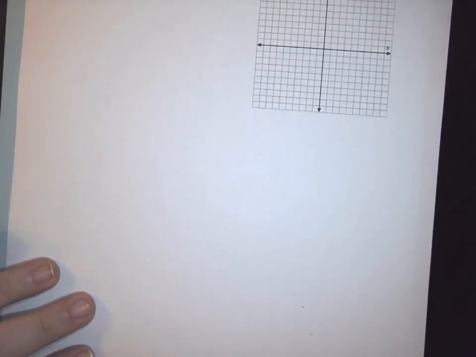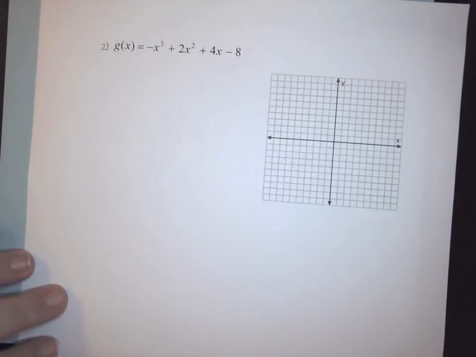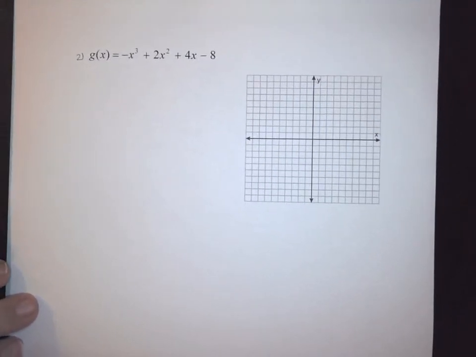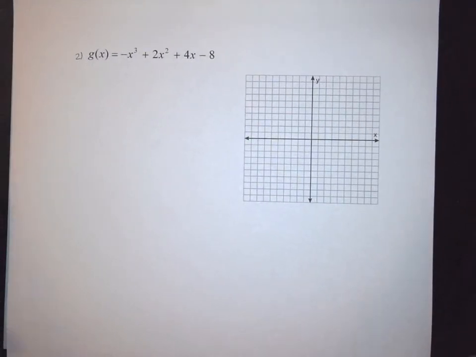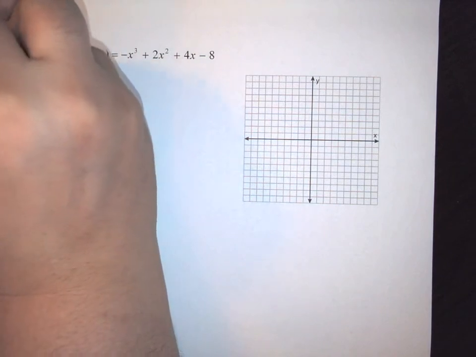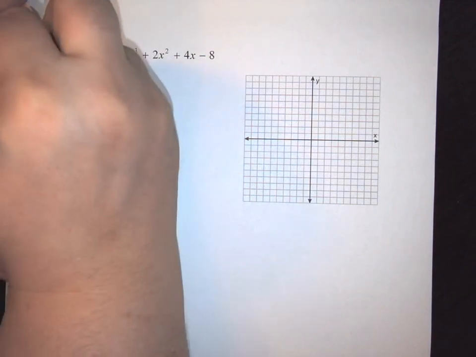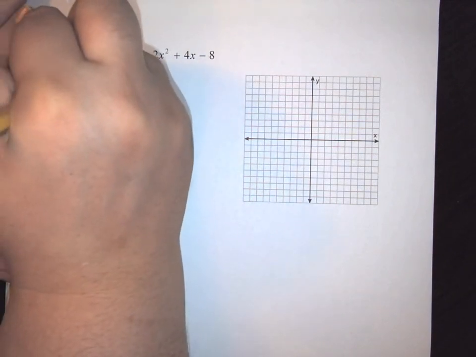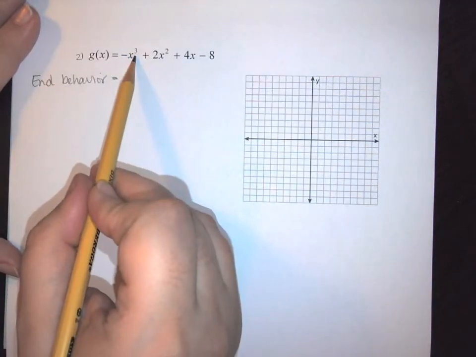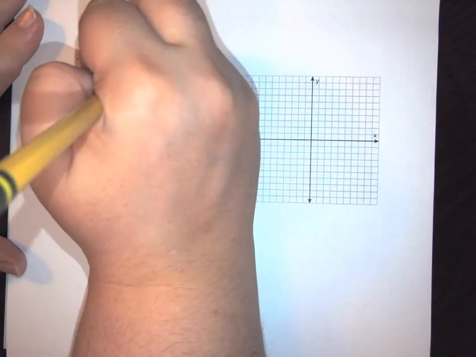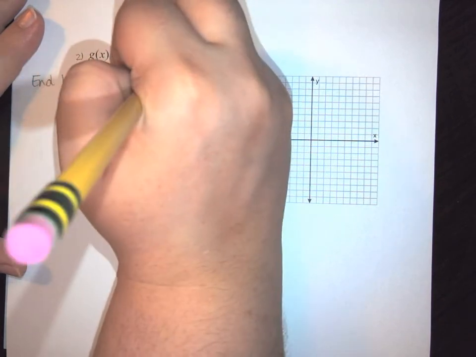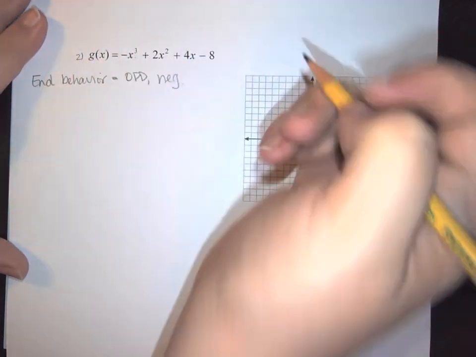Alright, let's take a look at one more example just to make sure that we all get it. So here again, we need to start off by identifying your end behavior. In this case, I have an odd degree, and it is negative.